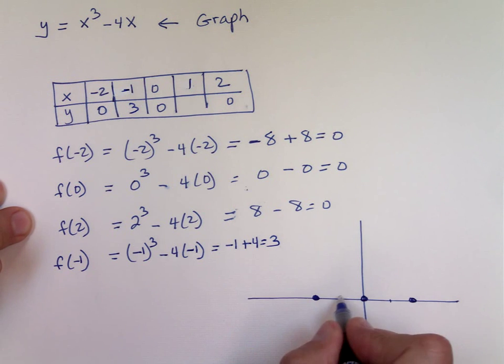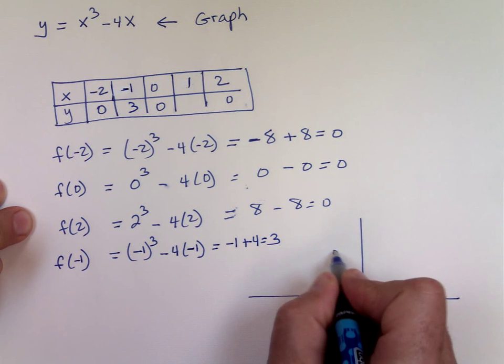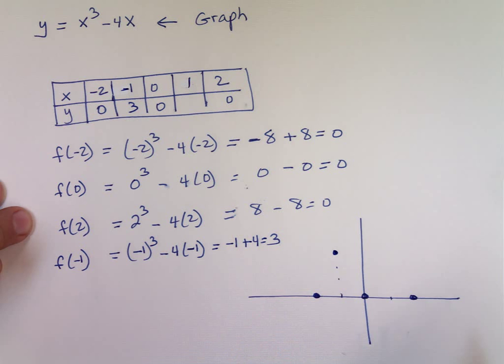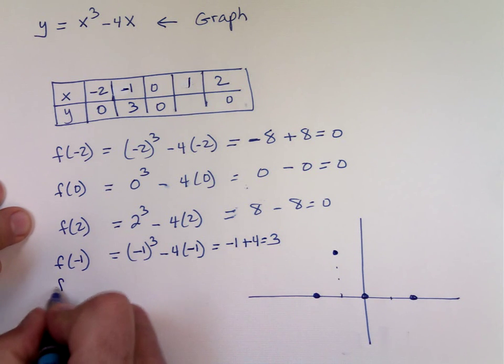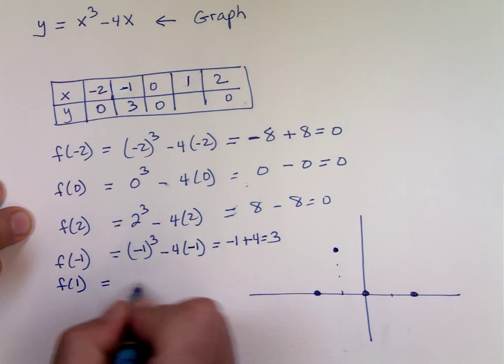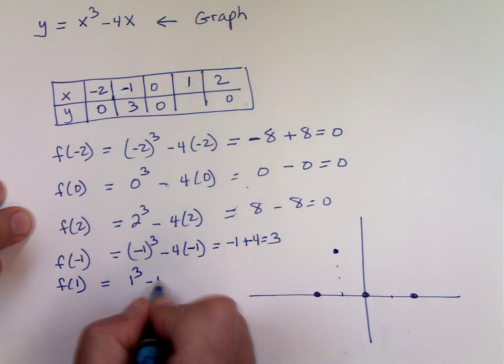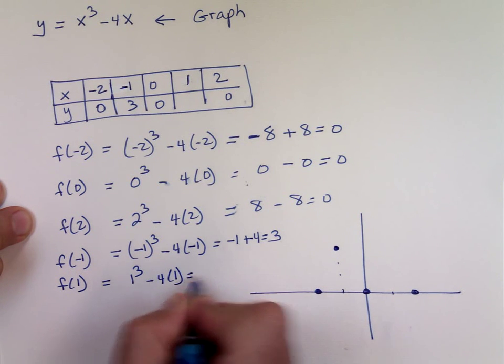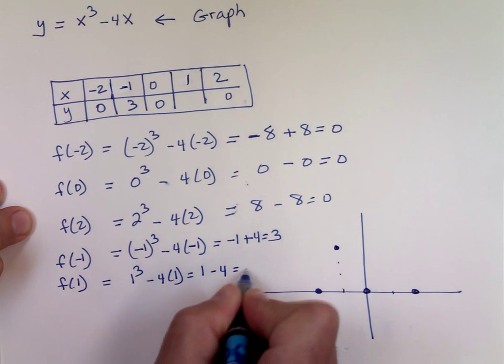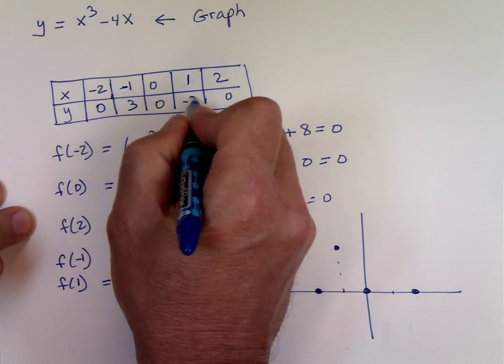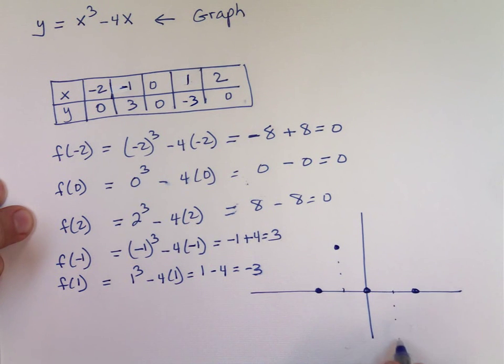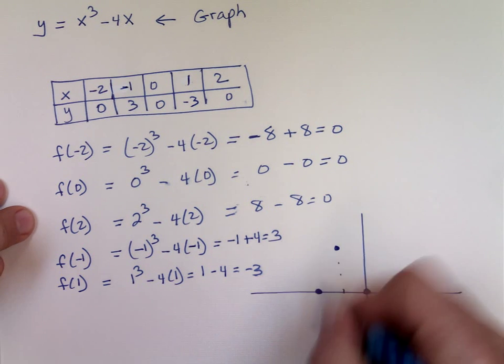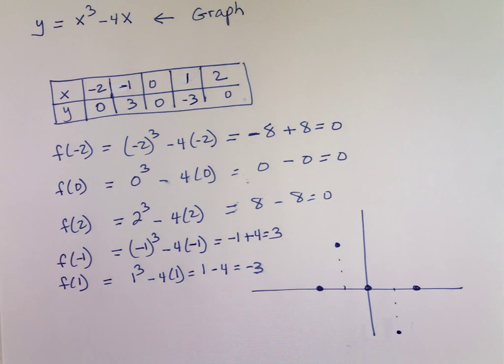So that's right there. What's f of 1? It's 1 cubed minus 4 times 1, which is negative 3. So if you try to connect them with a straight line, we've got a problem. The graph of this really looks something like this.